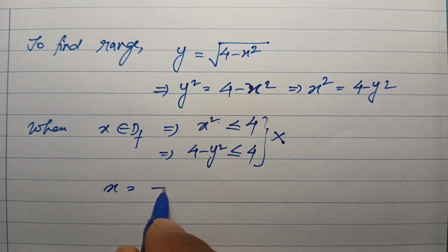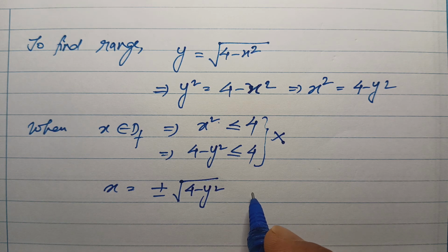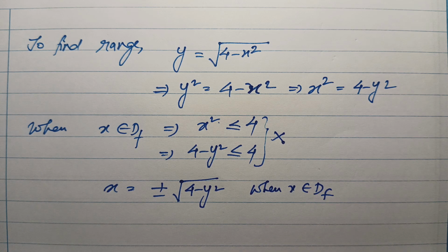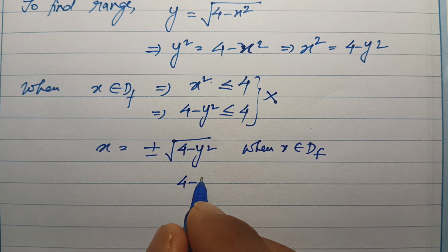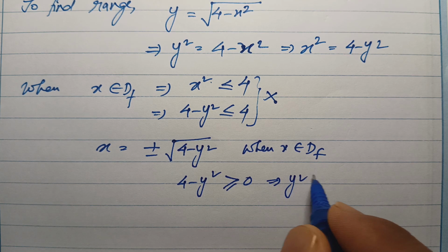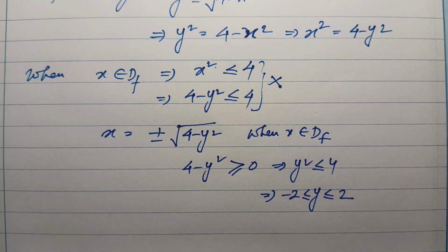Here x is equal to plus minus square root of 4 minus y square. Now when x belongs to the domain, that means this 4 minus y square has to be greater than or equal to 0, because x happens to be a real number. So if this is so, y square is less than or equal to 4, and this implies minus 2 is less than or equal to y is less than or equal to 2.